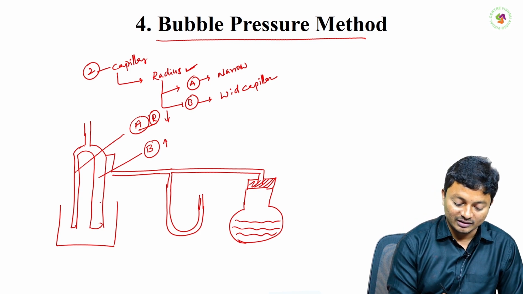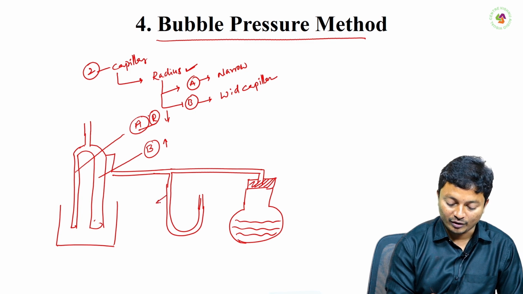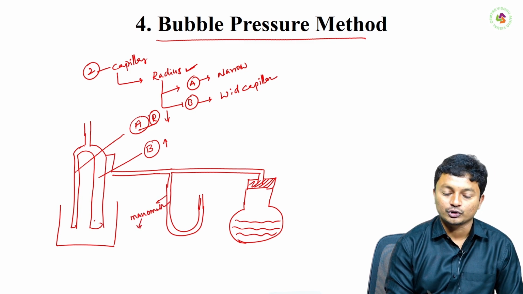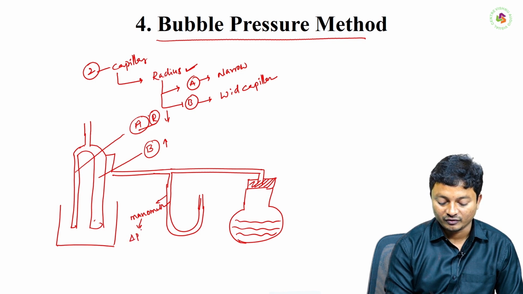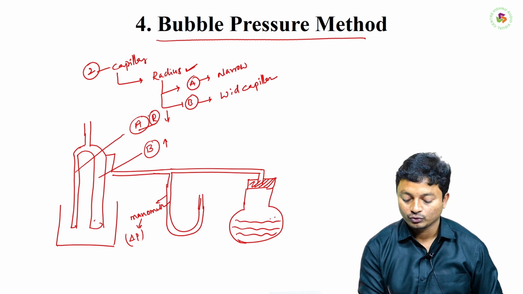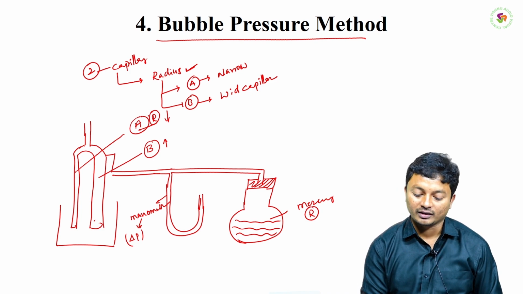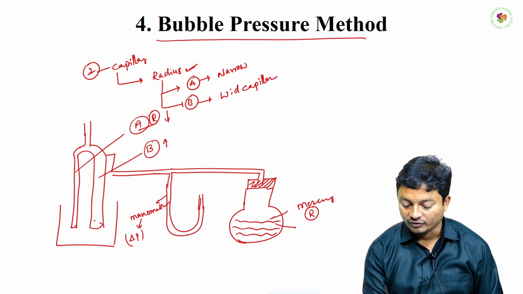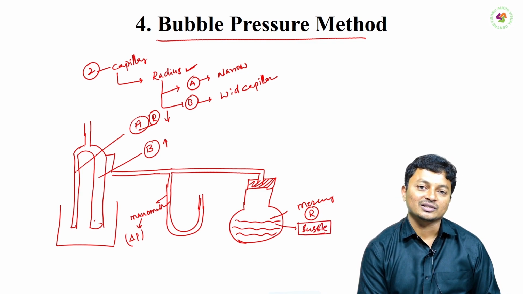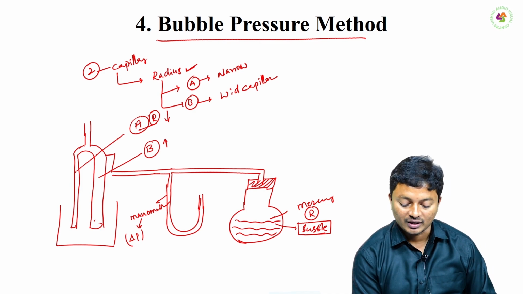So these capillaries are attached to a manometer. This manometer is used to measure the pressure differences, and the same capillaries are attached to a mercury reservoir, and this mercury reservoir is used to form the bubbles. Based on these bubbles we can calculate the surface or interfacial tension of the particular sample.